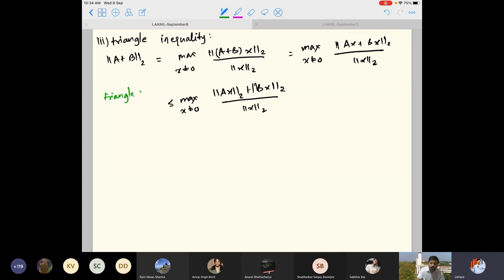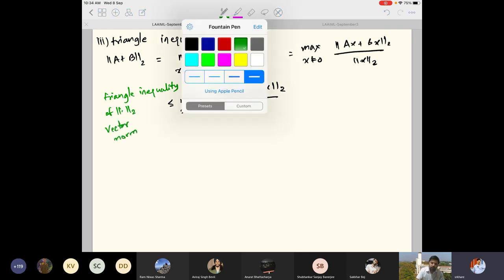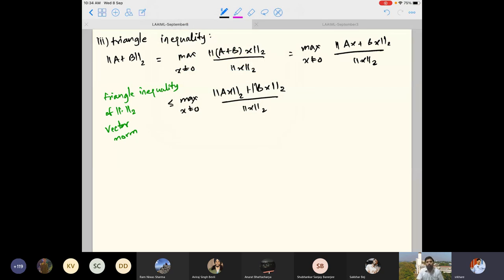The triangle inequality of vector norm, which we already know exists, right? Which we already proved. So this is what we have. So this I can write as maximum over x not equal to 0 of norm of Ax by norm of x plus maximum over x not equal to 0 of norm of Bx by norm of x.